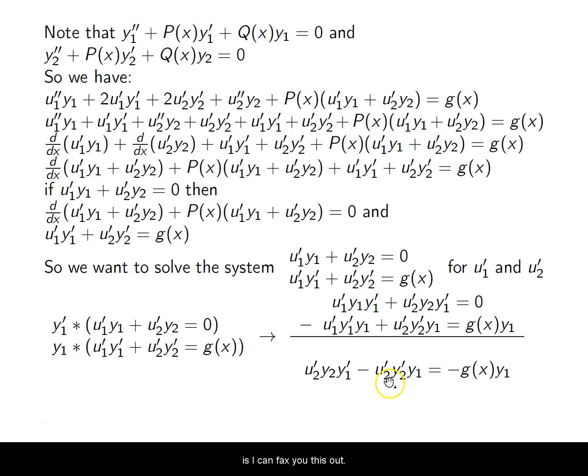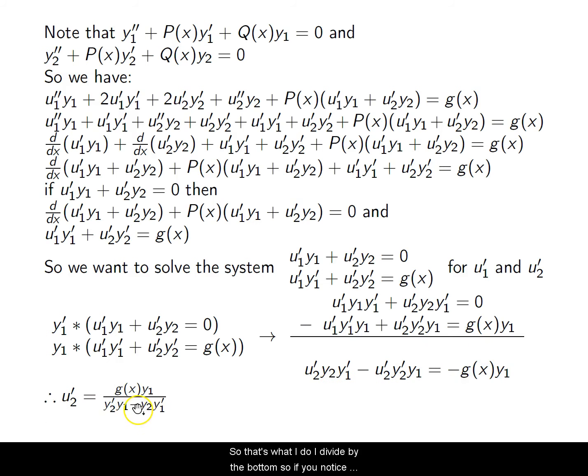Okay, so what I can do is factor this out and then take what's left over and divide it over to the other side. So if I take out the u2, I'm left with y2 y1 prime minus y2 prime y1, and I can divide that, and then if I change the order, I make it negative and I can get rid of this negative sign.